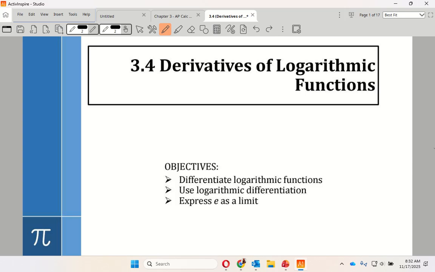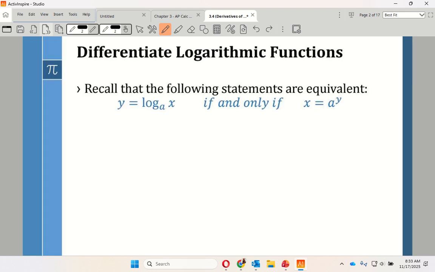Okay, derivatives of logarithmic functions. We keep plugging along, adding a new type of problem that we're taking derivatives of. So now we're coming up with logarithms. Logarithms are the inverse of exponential functions.